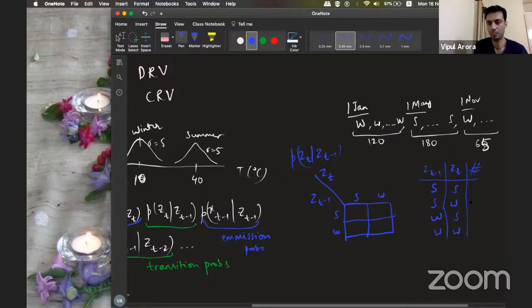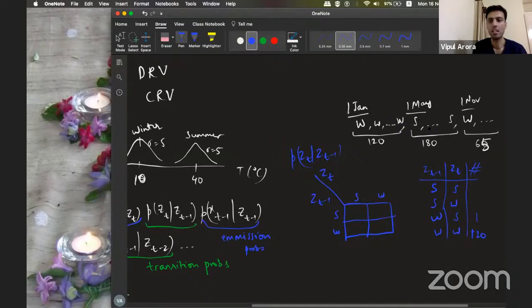So plus 1 for the case where Z_{t-1} is winter and Z_t is winter. How many such cases will be there? Up till here, 120 cases, right? But here there is a boundary. The previous one was winters. Then comes a jump: summer given winters. Today is summers, yesterday was winters. So plus 1 here, right?